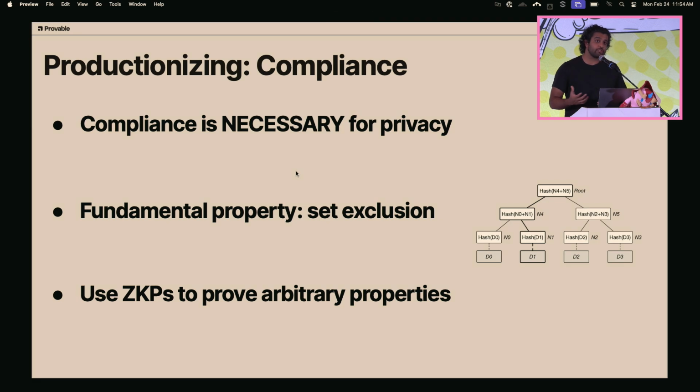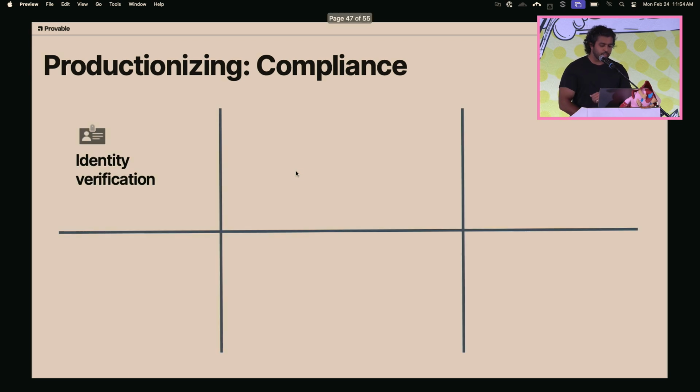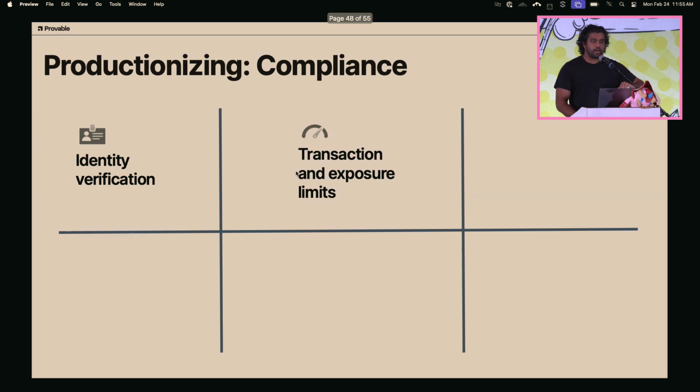Basically, again, we're going to use zero-knowledge proofs to prove arbitrary properties about the users who are initiating or receiving payments. Some interesting things you can do: use a zero-knowledge proof to provide some identity verification. You can use a ZKP to check that your transactions are under some limits, or that another set of assets have a certain amount of exposure before firing off a transaction.